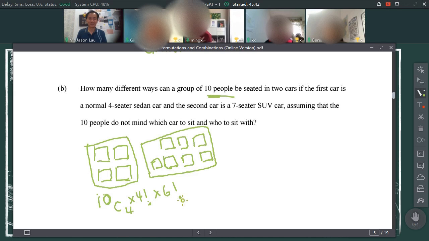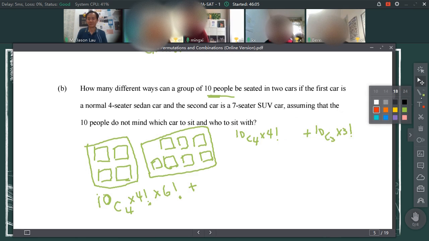Then plus 10 choose 3. You continue. 10 choose 3 times 3 factorial, then 7 factorial.